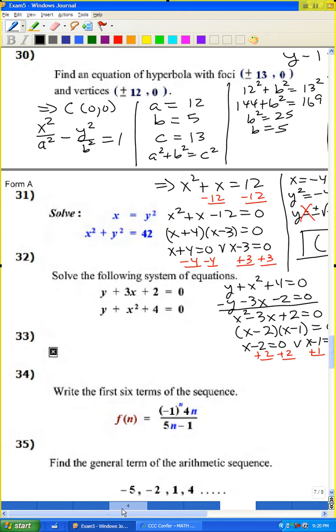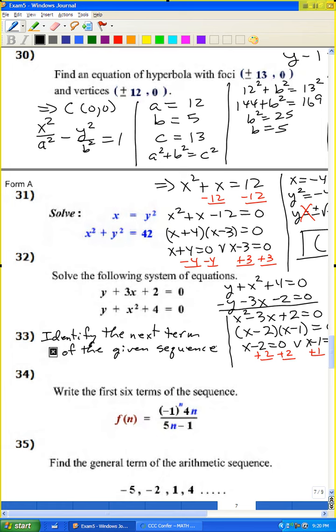So it says: identify the next term of the given sequence. 1, 1/3, 1/9, 1/27, 1/81, dot, dot, dot.